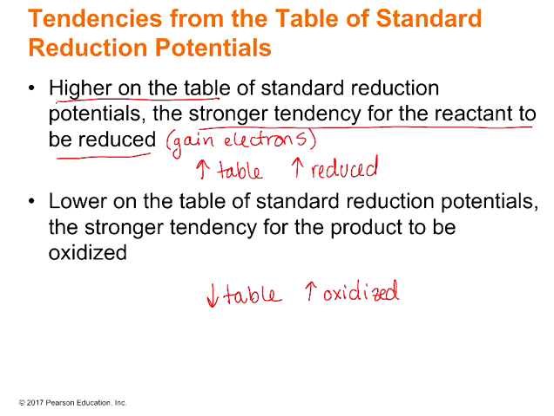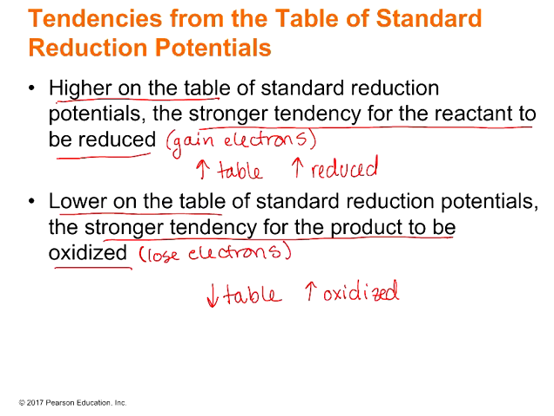And then down below, it says the lower on the table, the stronger tendency for the product to be oxidized. So that's key. The product will lose electrons. So we're actually going to consider the reverse reaction.